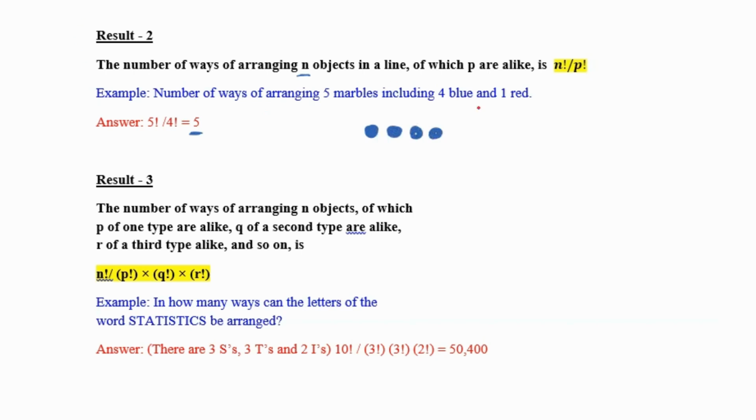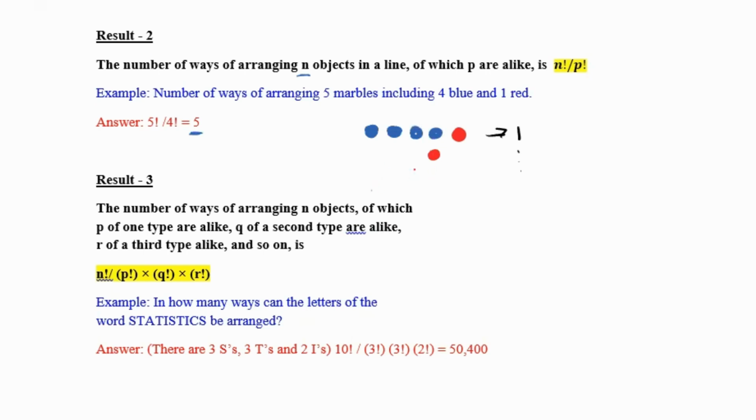And there is 1 red marble. Now, if we want to arrange these in a straight line, this is just one of the ways. Just like this, we can have the red ball in another place, can't we? We can have the red ball here, here, here.